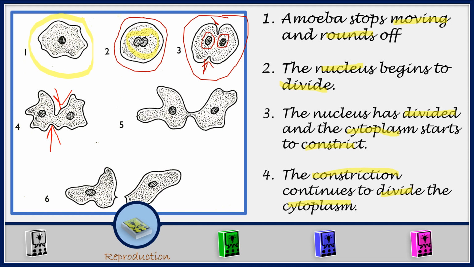And the two nuclei are going to go to different cells as the cell goes on constricting.